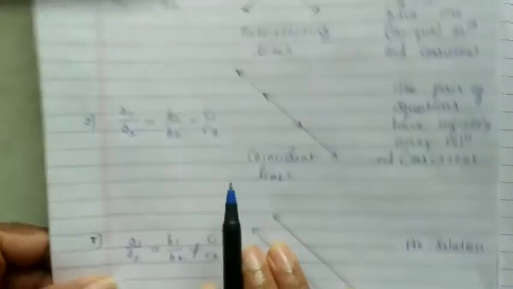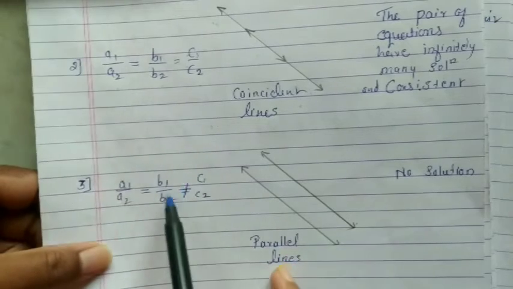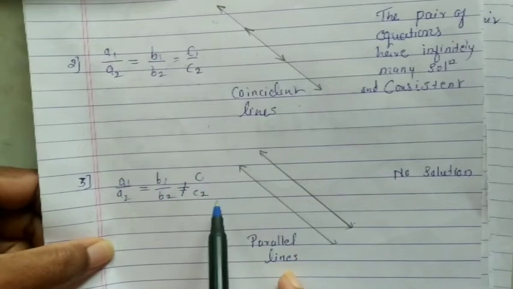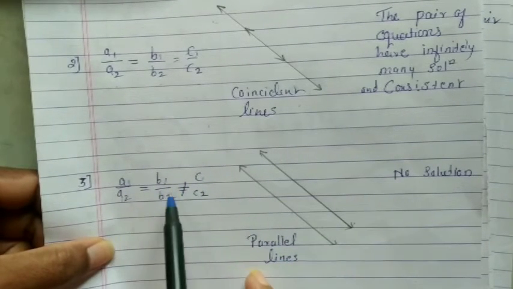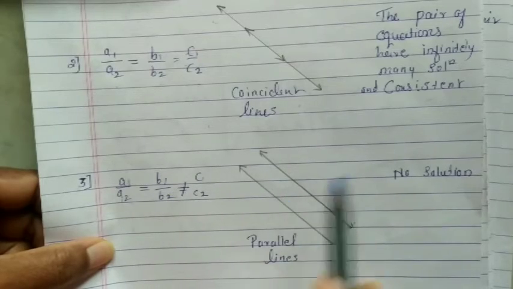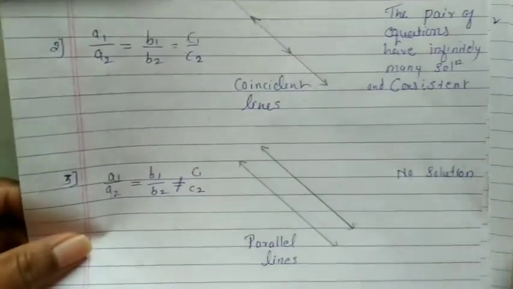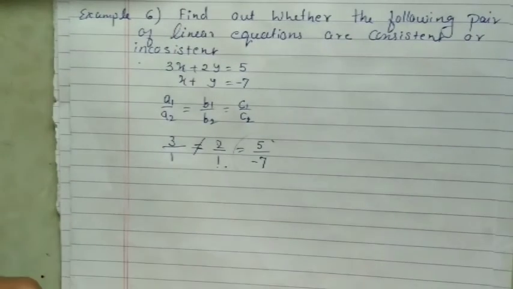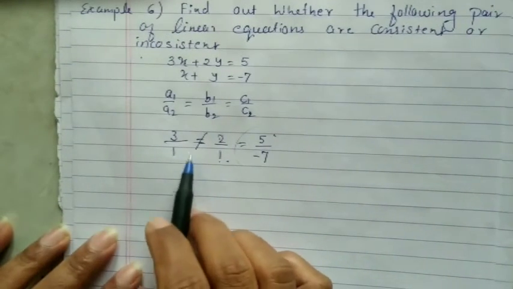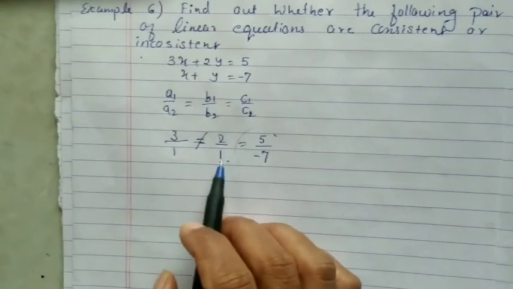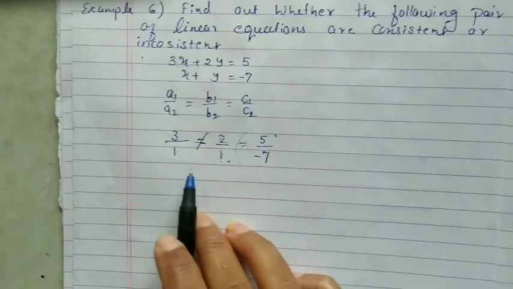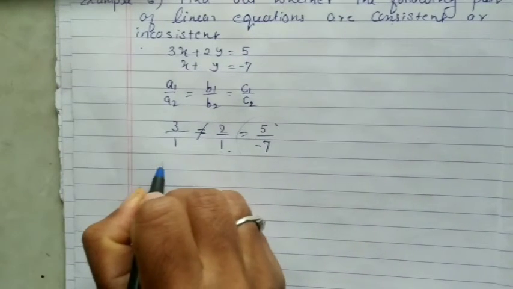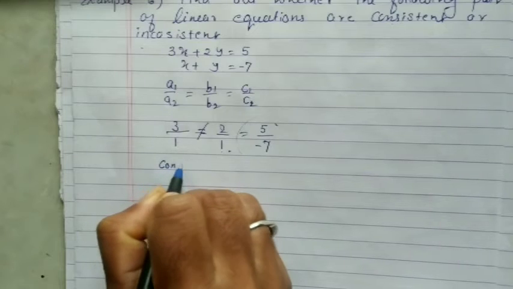Only in case of equations where the ratio of c1 upon c2 is not equal to the other two ratios, then the graph will be parallel lines, and there is no solution and it is inconsistent. So here in this case, 3 upon 1 is not equal to 2 upon 1. So here we will get the first condition. So this is consistent.